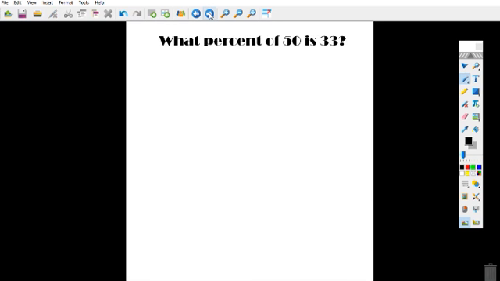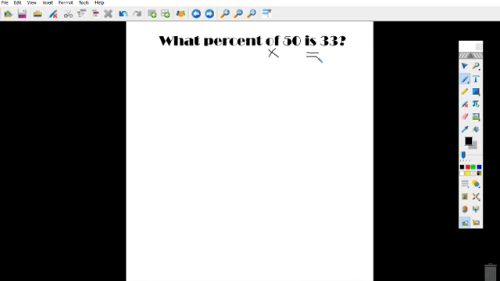Now, we're going to be doing some equations with this. So this says, what percent of 50 is 33? What we need to know is that some of these words, of and is, mean something. Whenever you see of, you are going to think multiply. When you see is, equal.